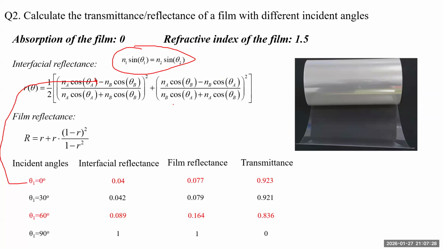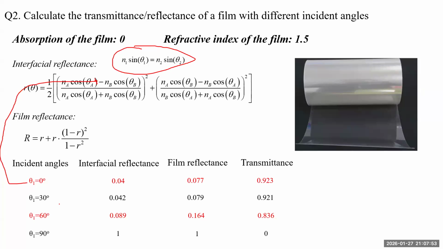So we can see when the light comes from a different position, a different angle, if it's with an incident angle of 0, the film has relatively higher transmittance. With the increase of the incident angle, the film has higher reflectance.